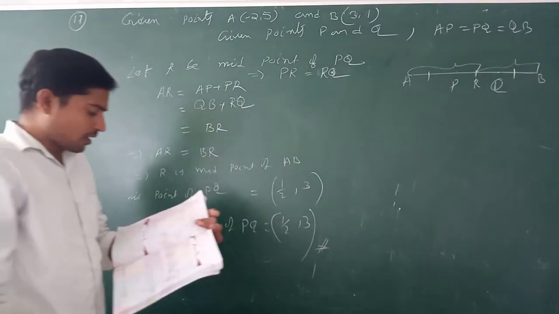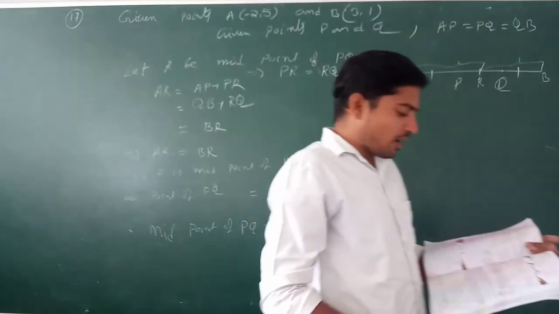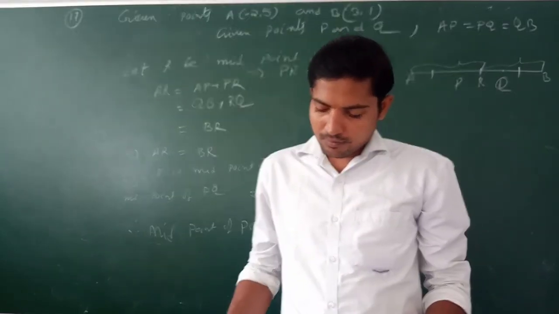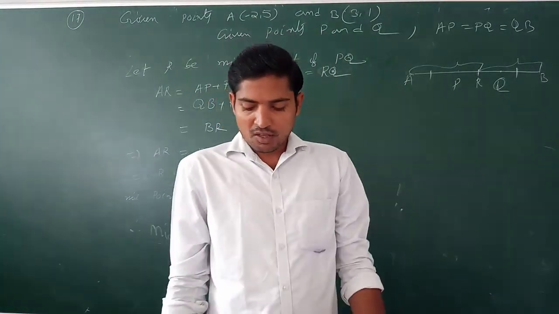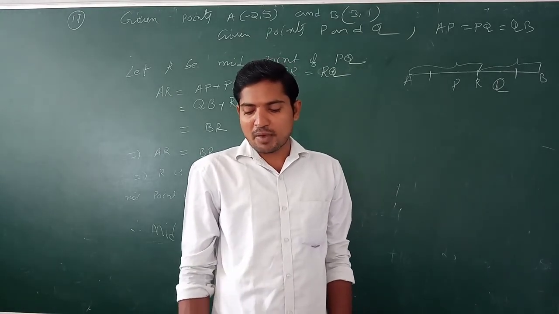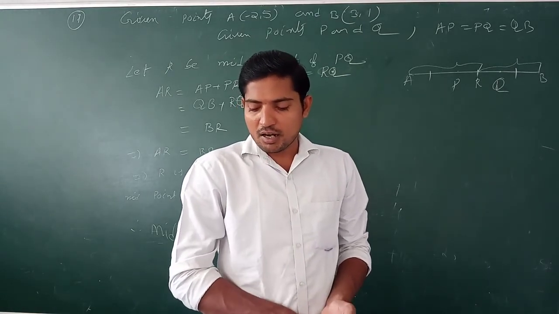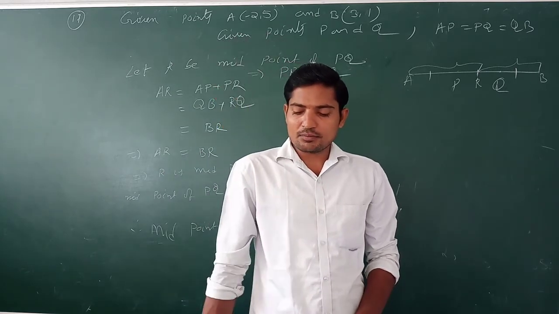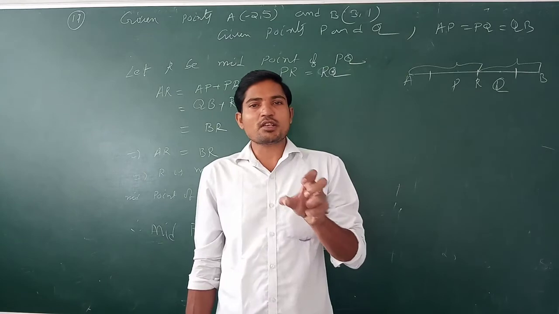Understand? The next one: the vertices represent a square. The sides of a square are equal and the diagonals bisect each other and are also equal. Vertices are given here, and those vertices form a square.